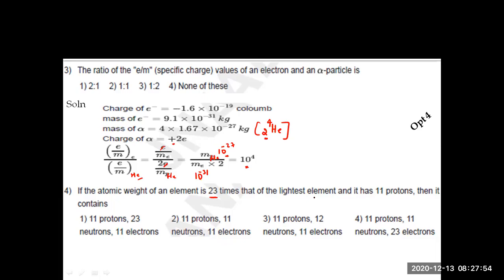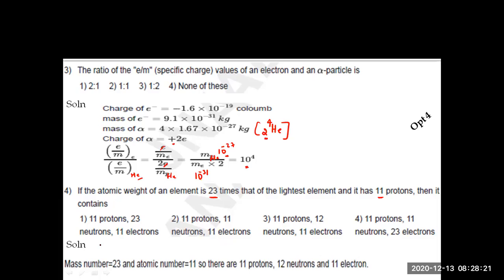That's all. Compare with hydrogen, and it has 11 protons in it. Now they're asking for the option, the details about proton, neutron, and electron. Option C, sir. Okay. Option C. Fine.